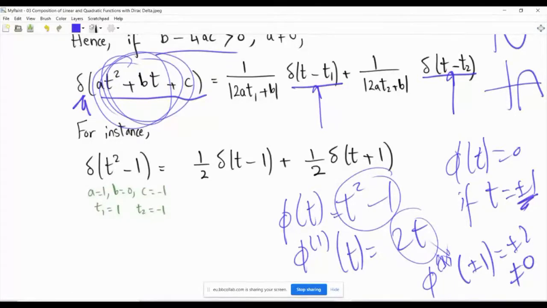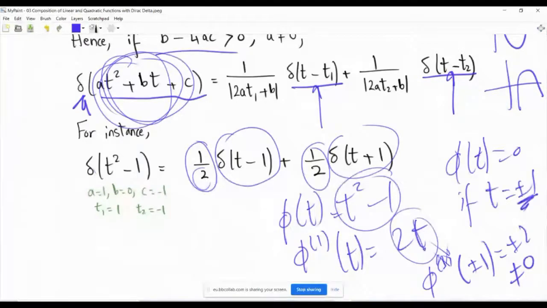We have everything satisfied, and so this Dirac delta will be the two Dirac deltas living at wherever values of t make t squared minus 1 equal to 0, and there will be this amplitude scaling, and it is by 1/2 because if you put t equal plus or minus 1 and take the absolute value, you will find that the first derivative is equal to 2.